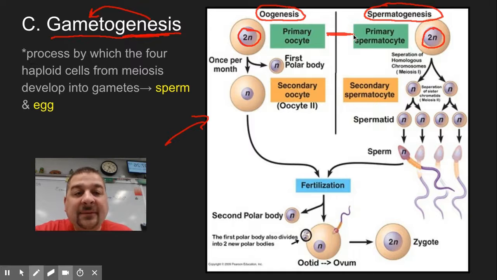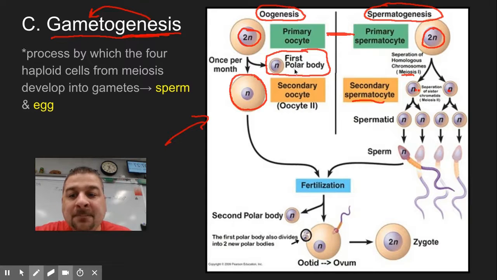Now notice after meiosis 1, okay, in the sperm you have a secondary spermatocyte. Okay, so here's your 2 haploid daughter cells after the first division. Over here in oogenesis, look, you get 1 secondary oocyte, and then you get this thing called a polar body. Interesting. Why does it do that?